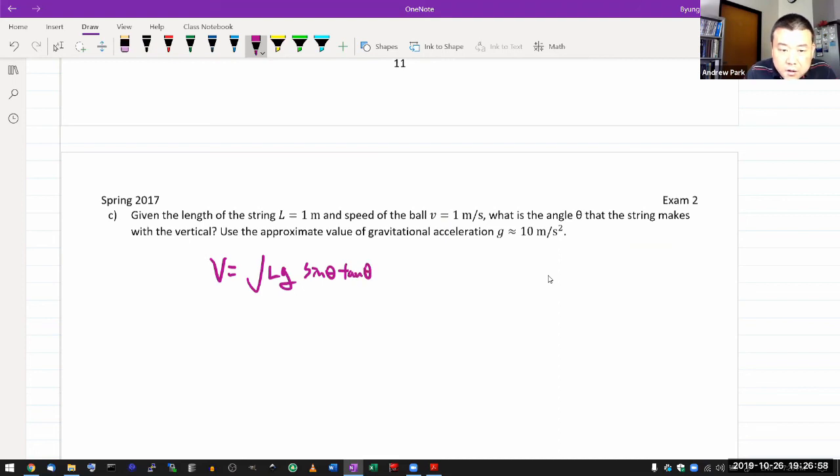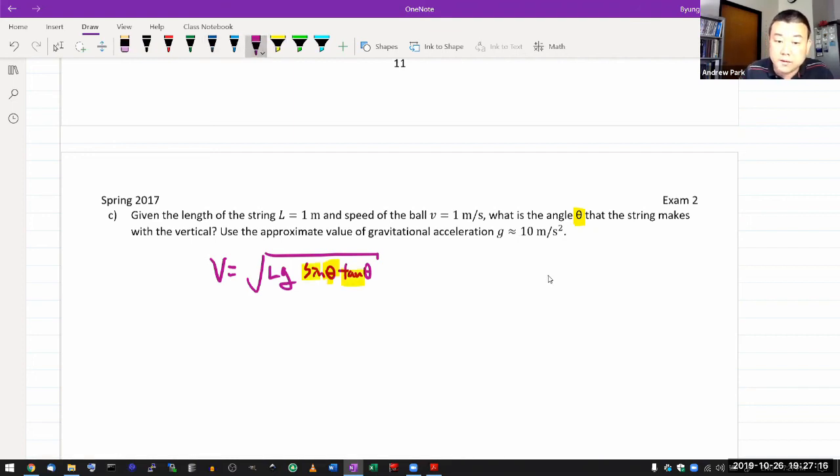This is something that you will face from time to time with these trigonometric expressions. Now it's asking for the angle theta, it does have only one unknown, but it has these two expressions.